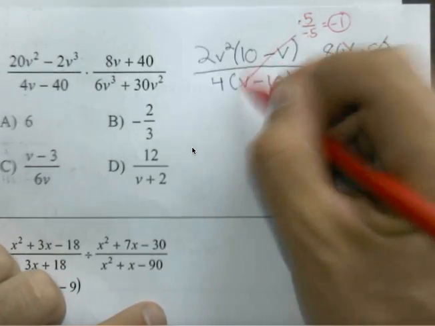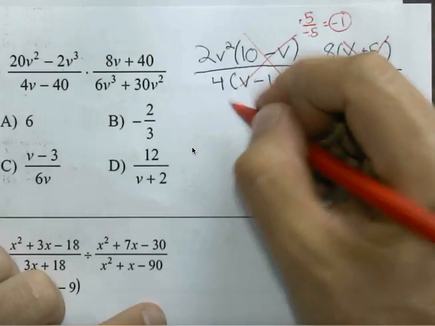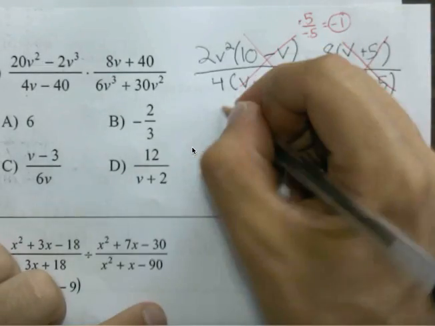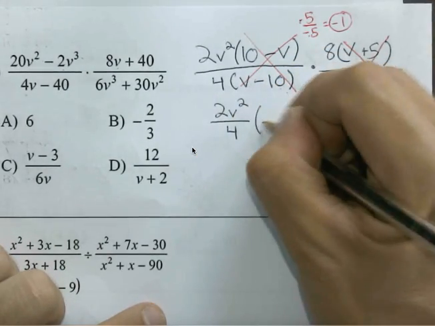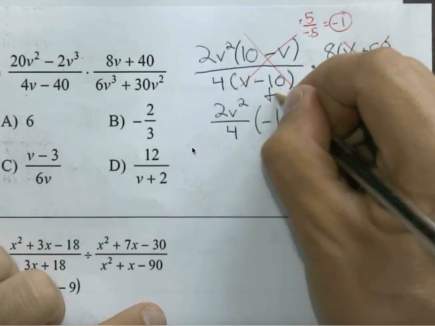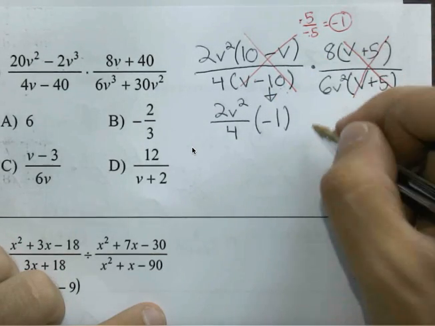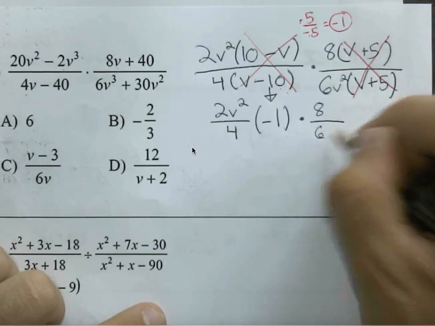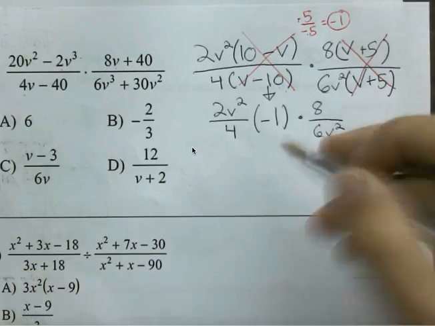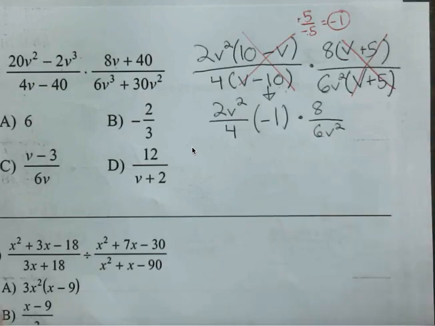So we're actually allowed to do that same thing here. So we can cancel this, but this is pretty much now saying that 2v squared over 4 is multiplying with negative 1. And then multiplying with everything that's over here, just to clean it up a little bit. So what can we do now?